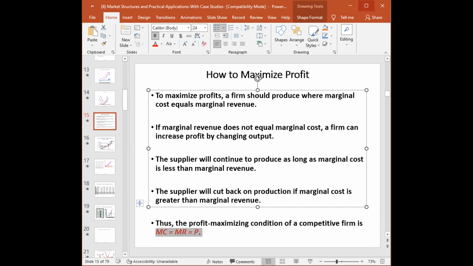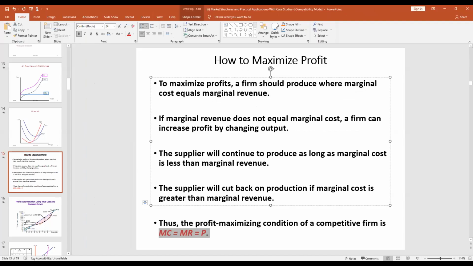So ultimately, MC equals MR equals P, the price.